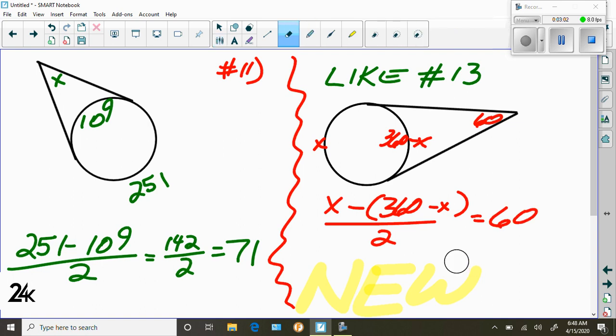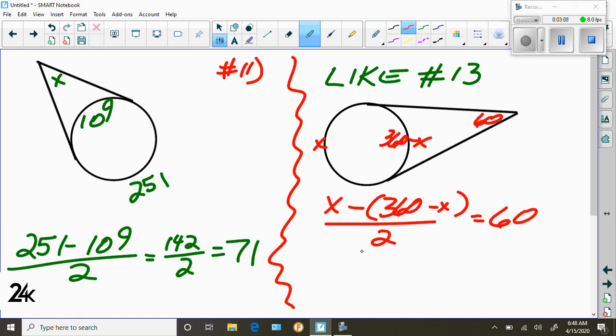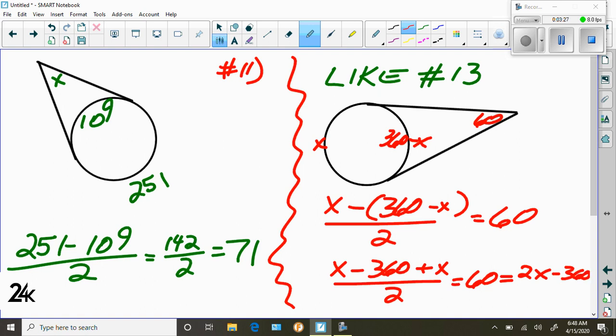Okay, so now it's x minus 360 plus x all over 2 equals 60. But that's 2x minus 360 divided by 2.